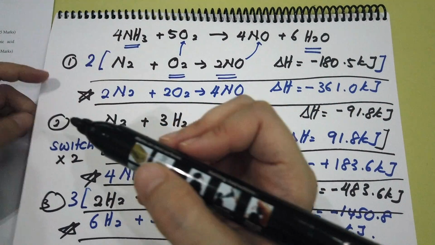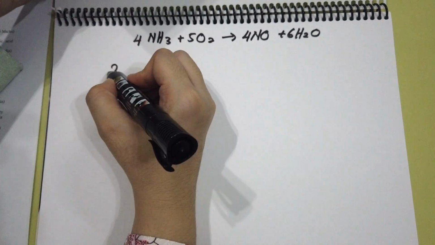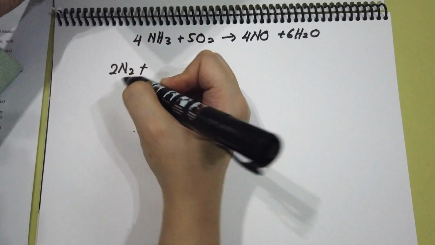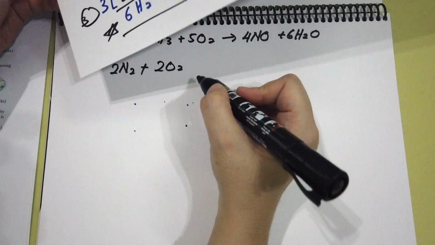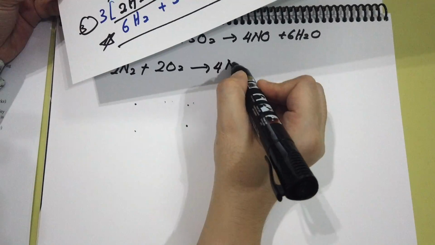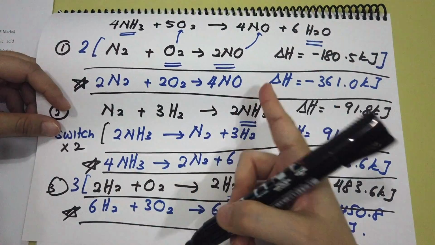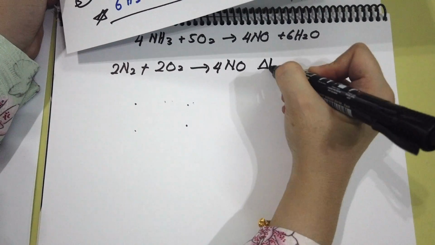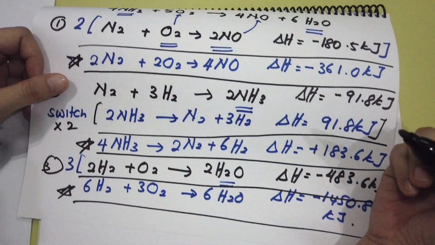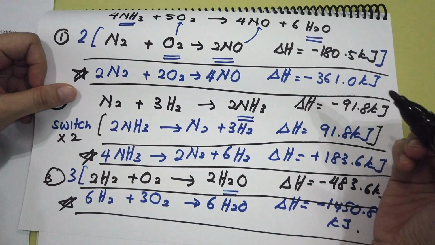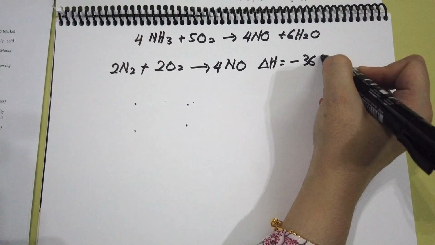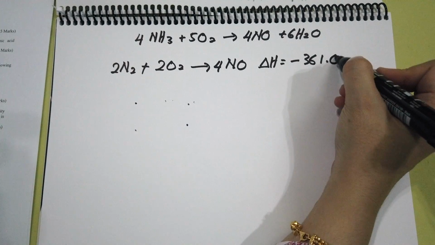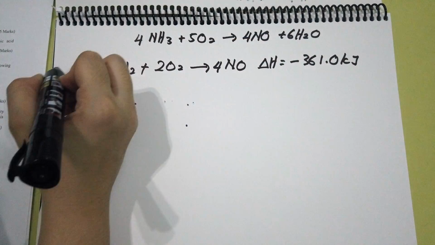So from here, I'm going to copy again. You have 2N2 plus 2O2 will produce 4NO, and your delta H is equivalent to negative 361.0 kilojoule. This is your first equation.